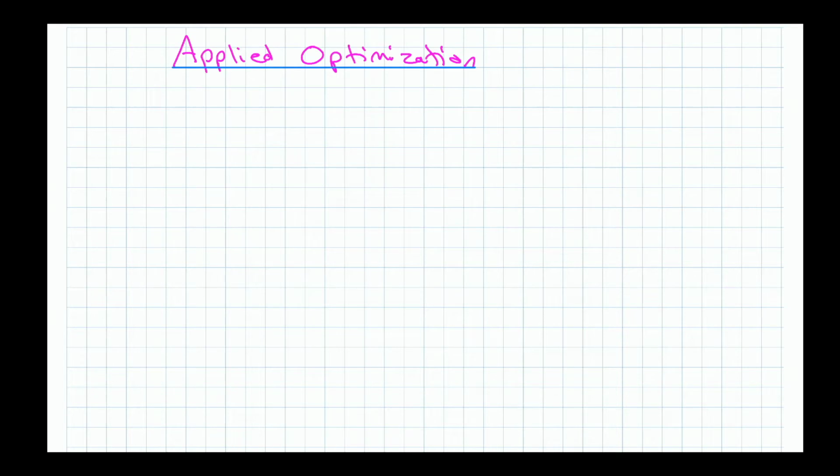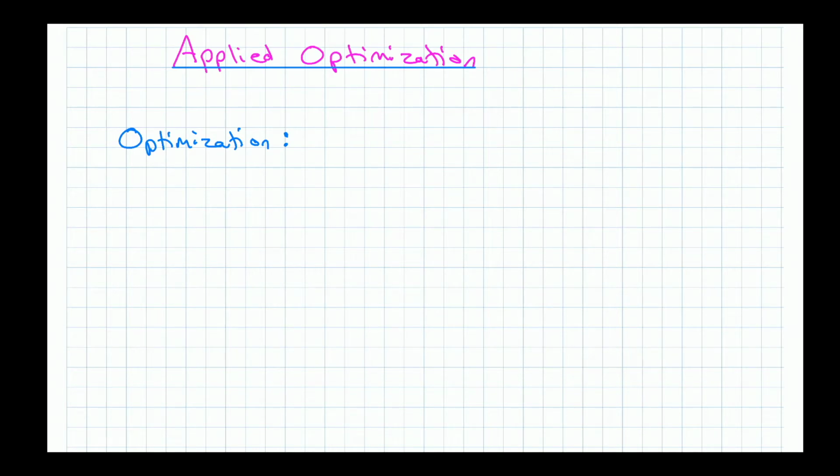Okay, let's go ahead and get into it then. So first of all, what is optimization? Optimization is when you are trying to find the values that will make a function do what you want. So typically a minimum or a maximum is what you're looking for.